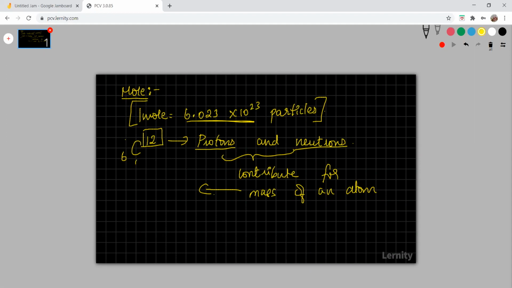So the atomic mass of one atom of carbon is 12 AMU. 12 AMU means 12 atomic mass units. Each proton or neutron is taken to be one atomic mass unit. Clear? So the total number of units that contribute to the atomic mass is 12 here. So the atomic mass of carbon is 12 AMU.